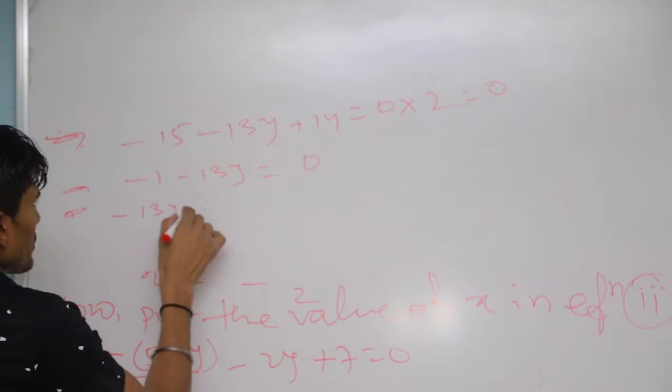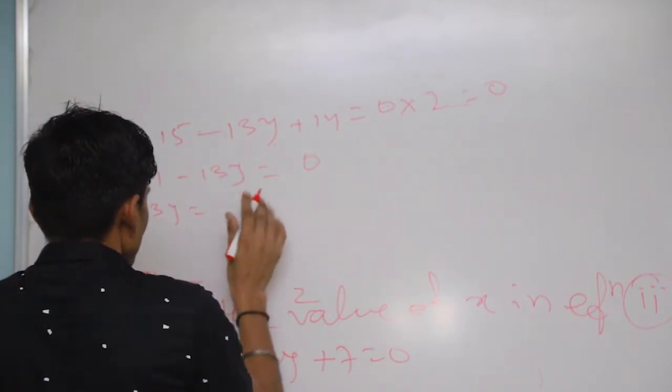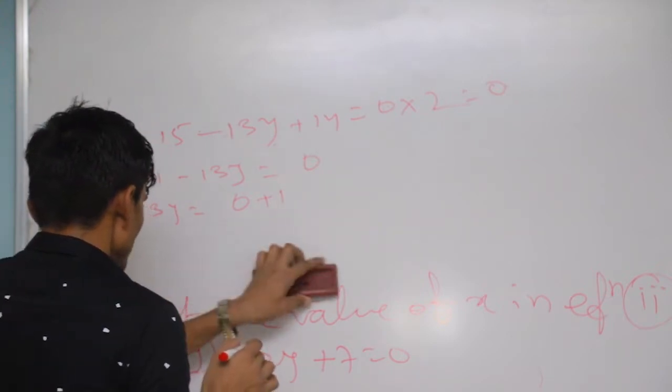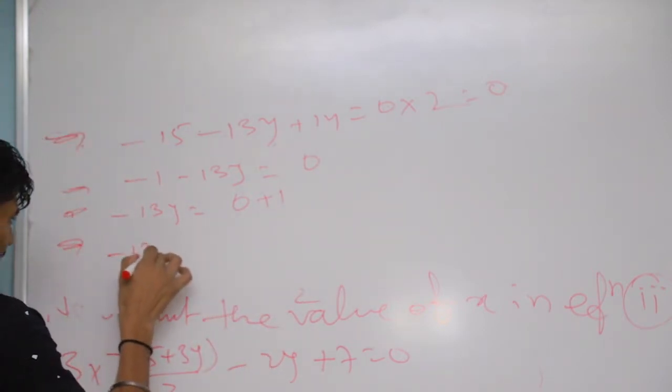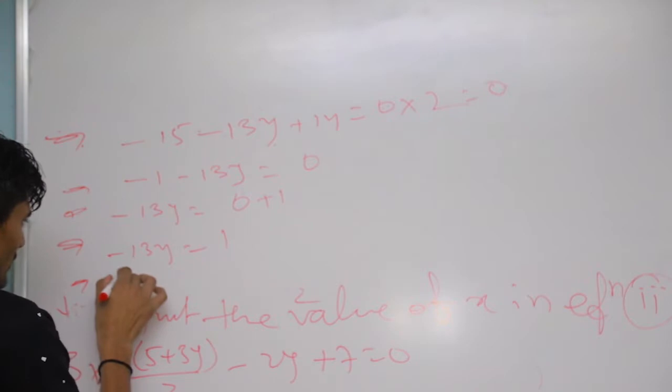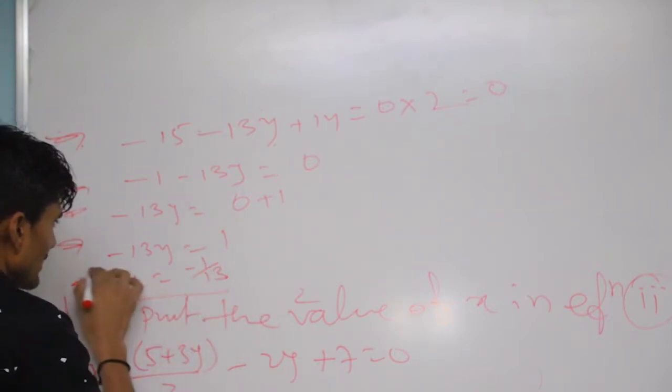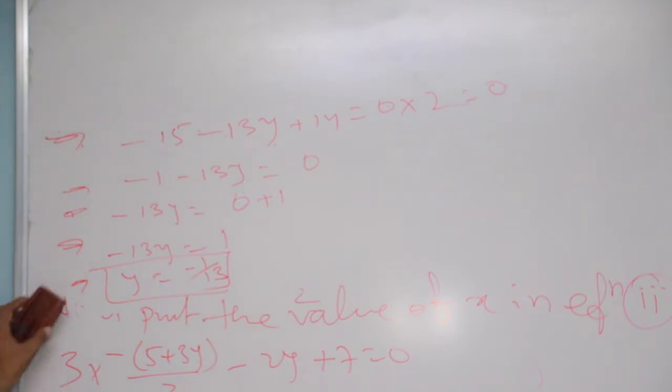Minus 13y is equal to 1. Y is equal to minus 1 by 13. That is the value of y.